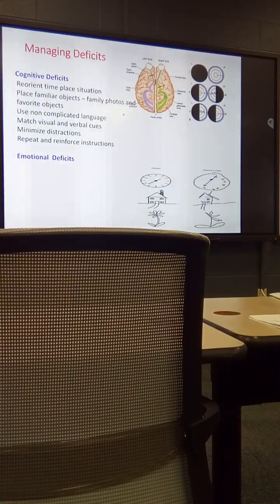Minimize distraction. Turn off the TVs. Don't have a lot of clutter in the room or a lot of things going at the same time. One person should be talking to them. It kind of depends on what's happening, but only one person should be in there giving them directions. And especially afterwards, sometimes you're just like, okay, let's sit at the side of the bed.